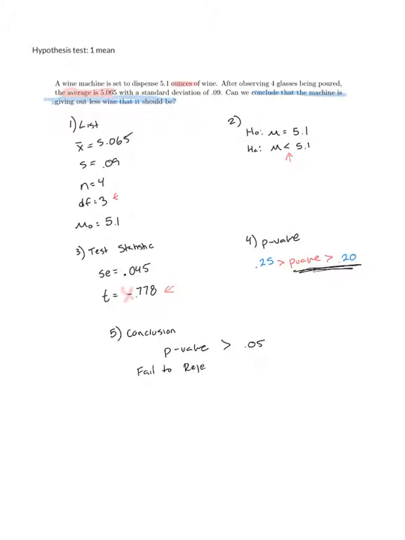There's a 20% chance this would happen if my assumption is true, so I'm going to fail to reject H naught. That means there is not enough evidence to suggest, and going back to what I was trying to prove here, that the machine is giving out less wine than it should be.